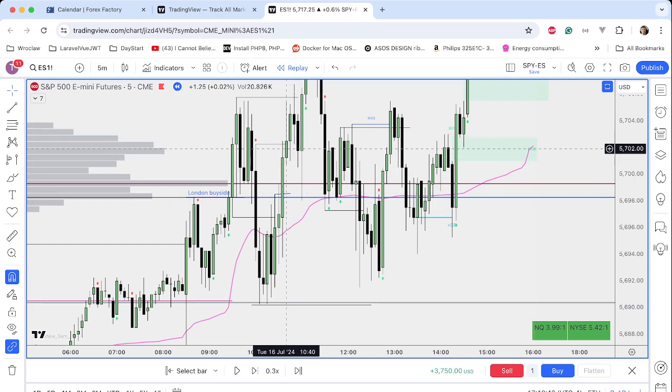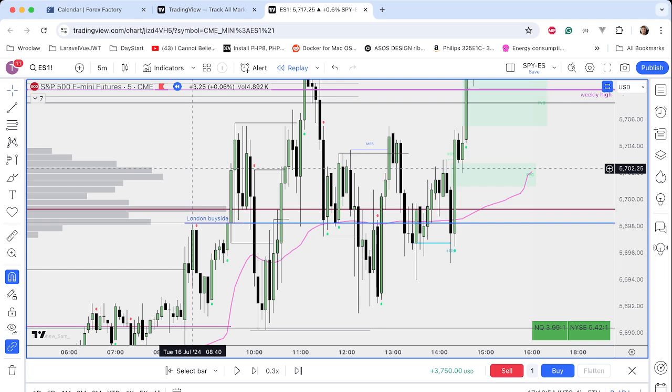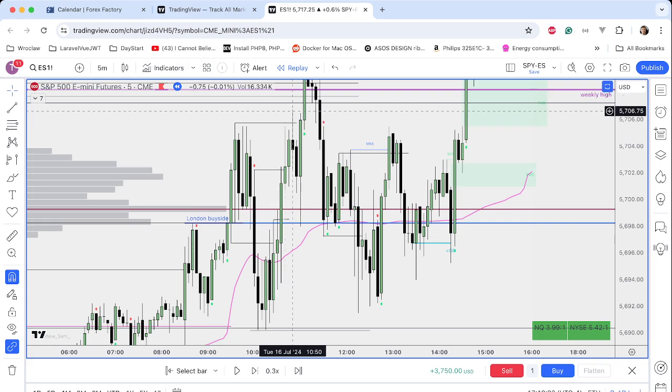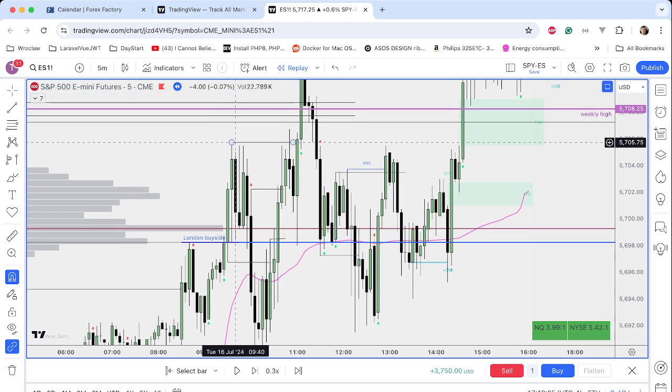You can even go 2 contracts here. You got 701 and the top is 705.75, so almost 6. So it's 5 points. But you have to sell it into this high. You cannot just hold and hope for more, because look what happened.